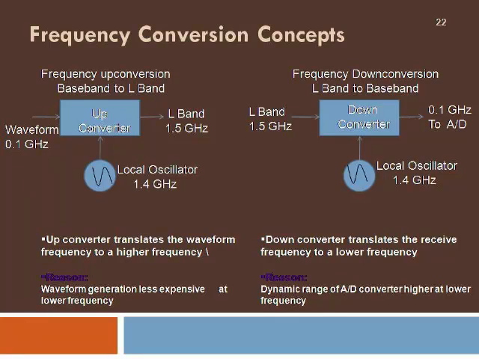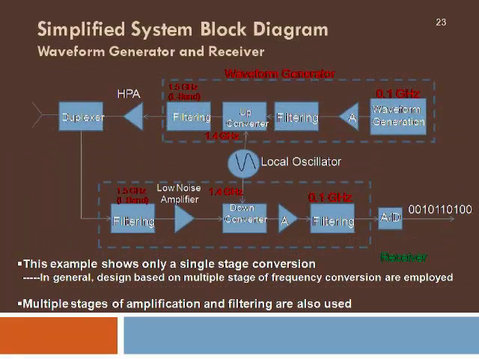But a high frequency signal is required for efficient transmission through antennas and to get proper or accurate information regarding the target. Hence, both the advantages are taken up by using these mixers at the receiver as well as at the transmitter. Now let us see a simplified system block diagram of this waveform generator and receiver.